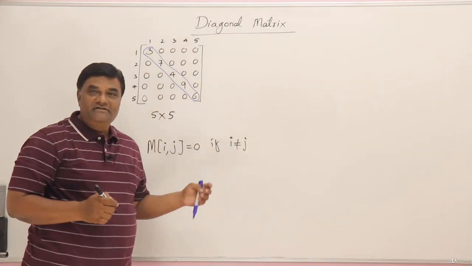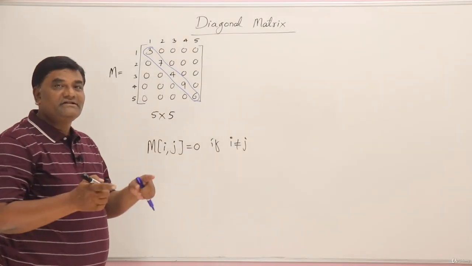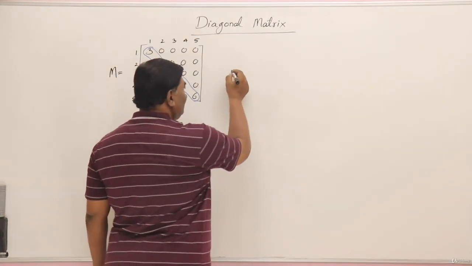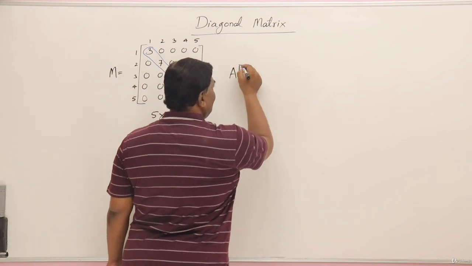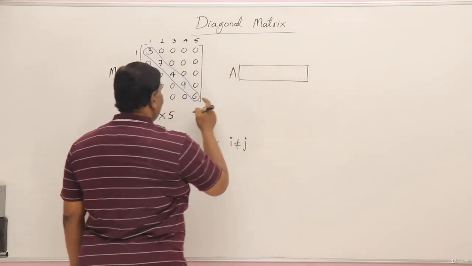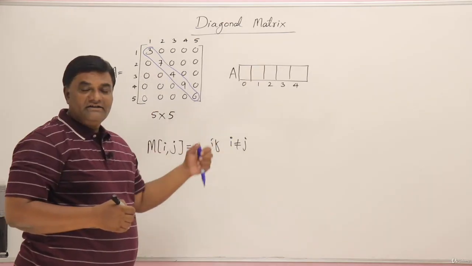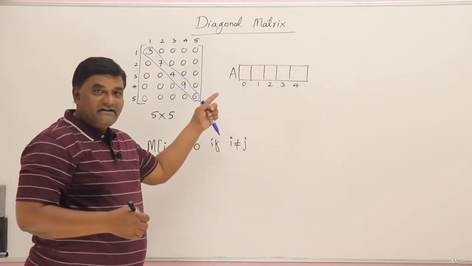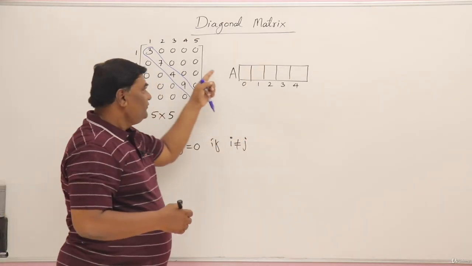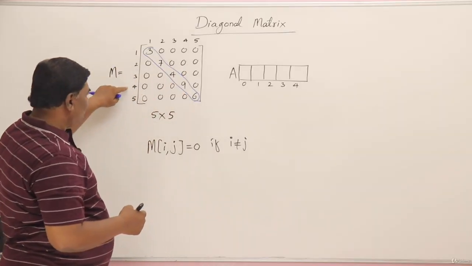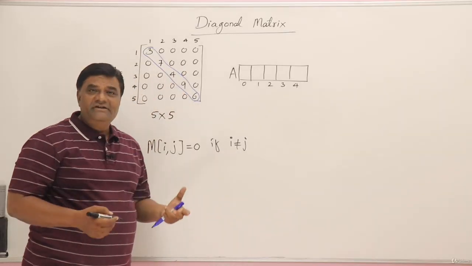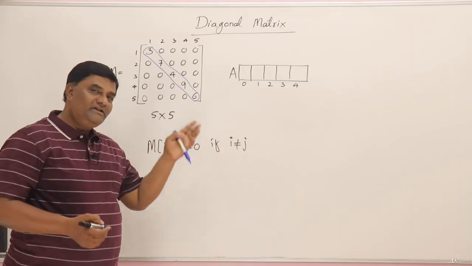Now let us see how we can represent a diagonal matrix in just a single dimension array. So I will take a single dimension array, let us say A of size 5, because I have only 5 non-zero elements. This array's starting index is 0, but here if you observe, I have taken the indices from 1 onwards. In mathematics, we start indices from 1, so that's what I am following.